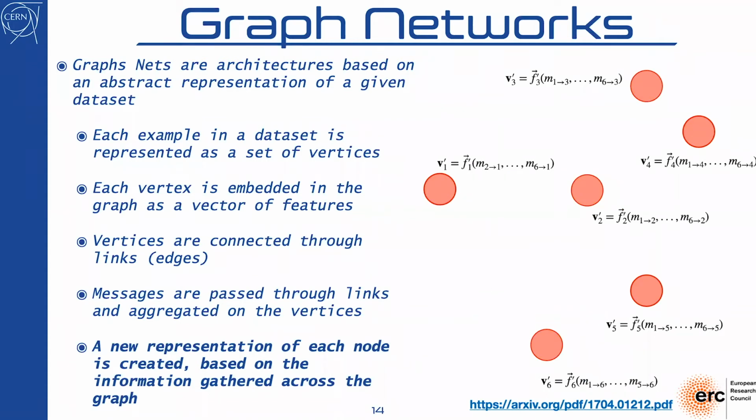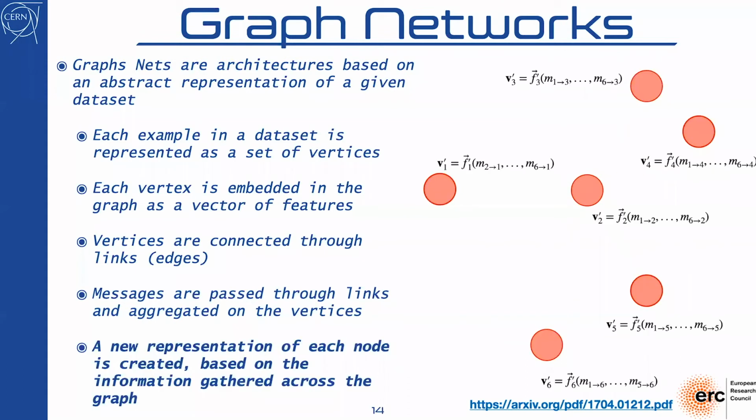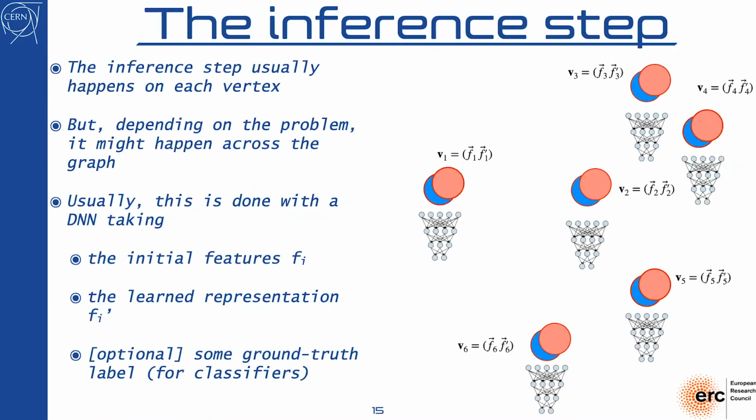Topologically, the graph didn't change, but each vertex now has extended features, which could be obtained just by looking at the output of this neural network. For instance, if G is a neural network with 10 outputs, now you have 10 features representing this object. Or you could just concatenate it to the initial input. But in any case, you are creating new information about this user.